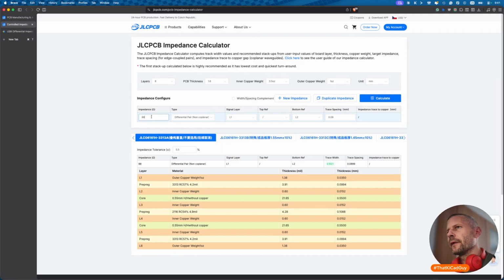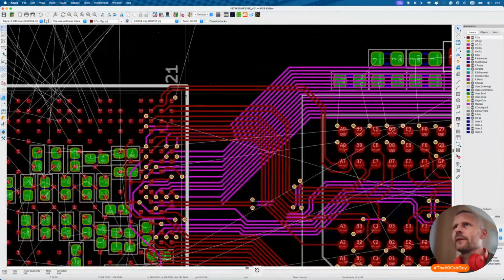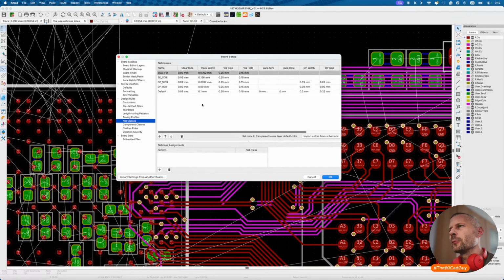Yeah, like 90. It will work. 90, 90 for both. It's not optimal, but it will work.